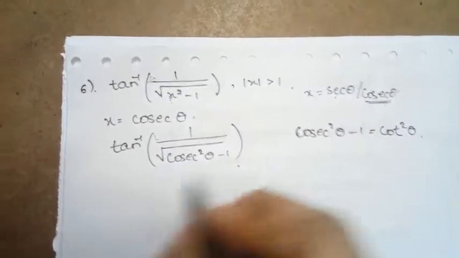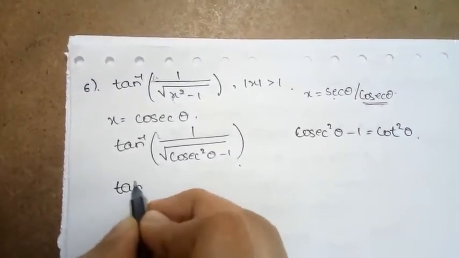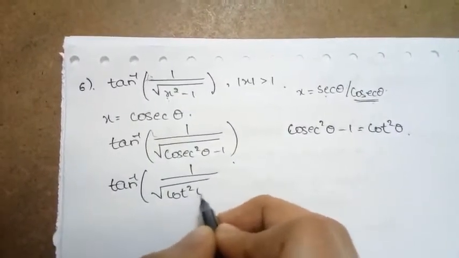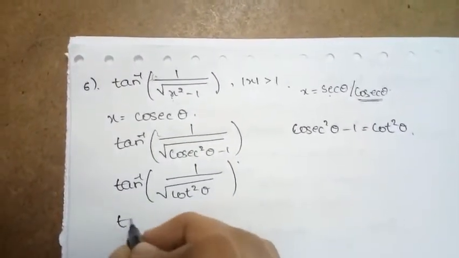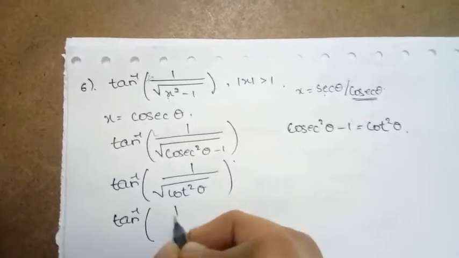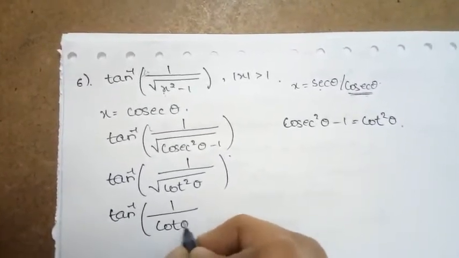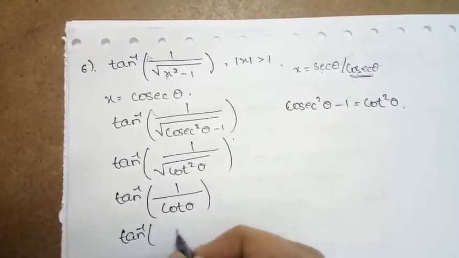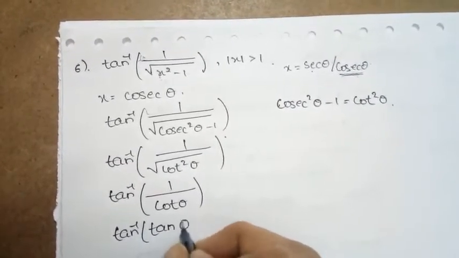Using this identity, we get tan inverse of 1 divided by square root of cot square theta. The square root of cot square theta is cot theta, so it is 1 by cot theta. And 1 by cot is nothing but tan. So tan inverse of tan theta.